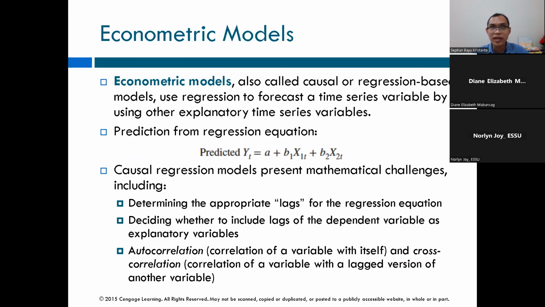The next model is the econometrics model. The econometrics model contains the lags of data. What is a lag? We have several patterns that could not be included in our data. That is the lag.